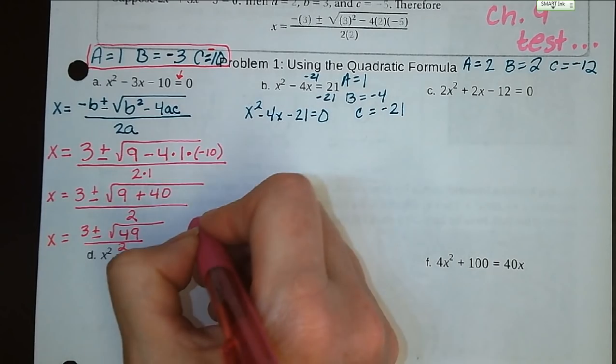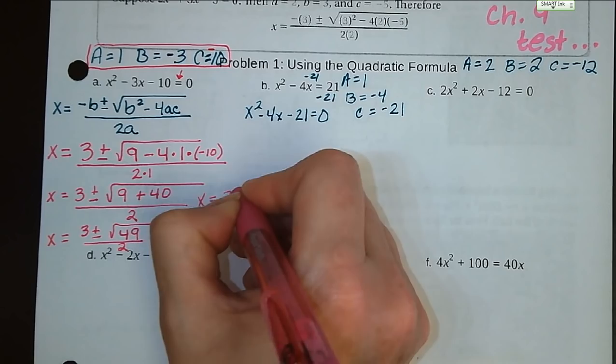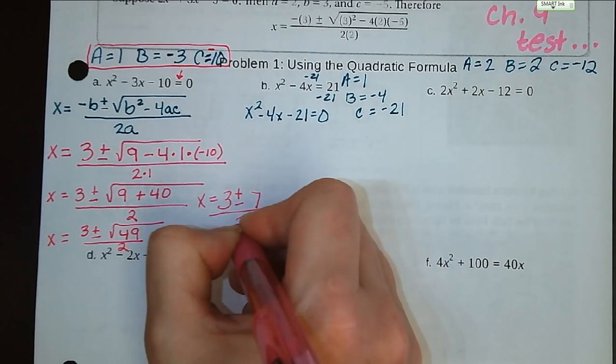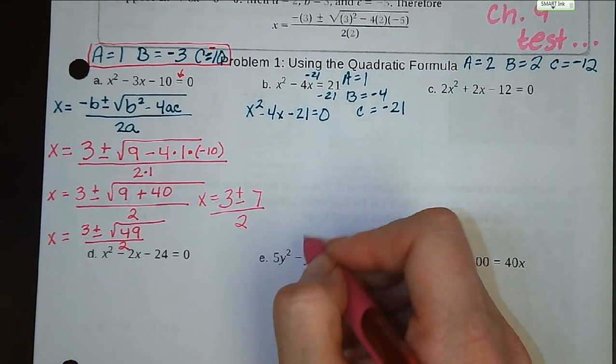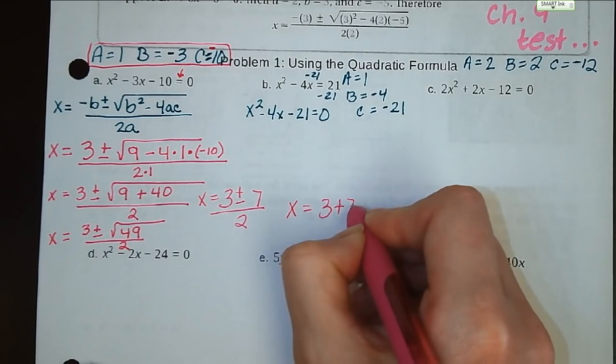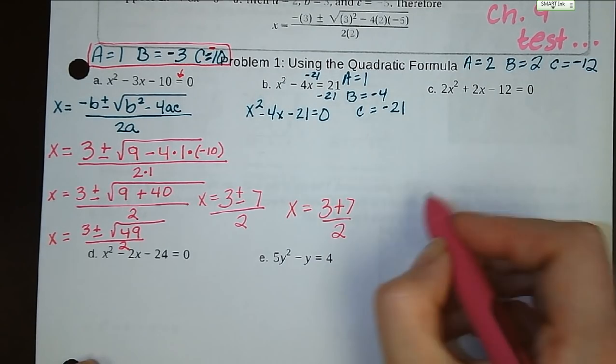So we're going to split our formula into two equations at this point: 3 plus or minus 7 over 2. 3 plus 7 is 10, divided by 2 is 5.